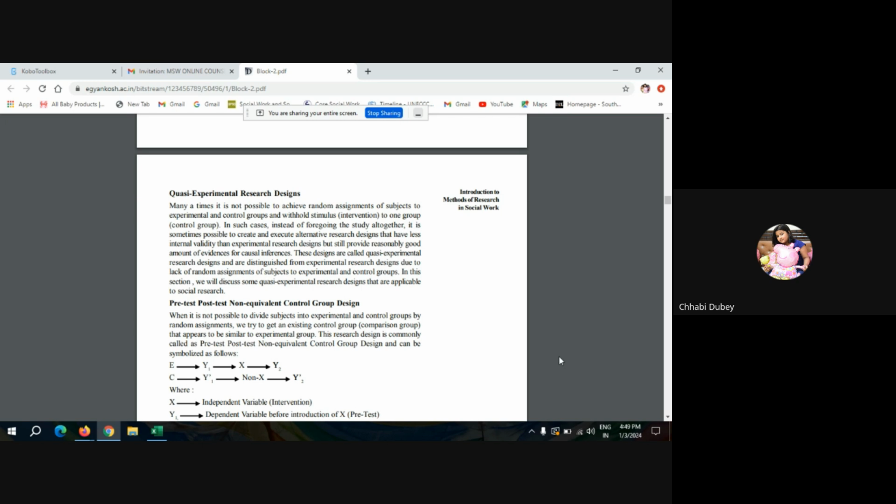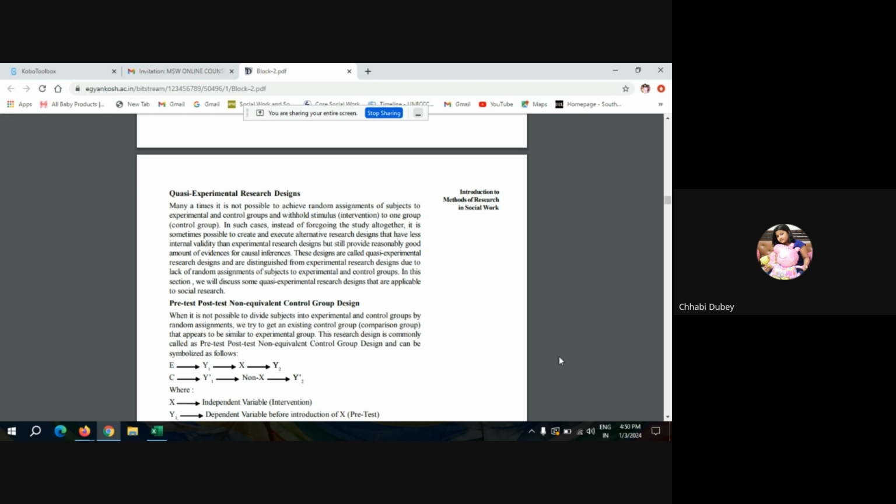But at times there may be situations where using experimental research designs may not be a very good idea. It may not be very feasible, so instead of using experimental designs altogether, we can go for what is known as a quasi-experimental research design.